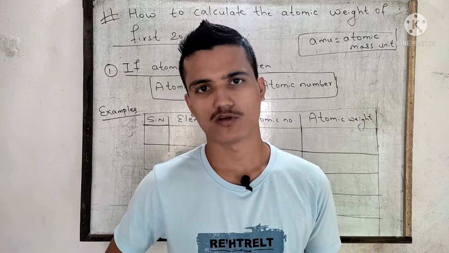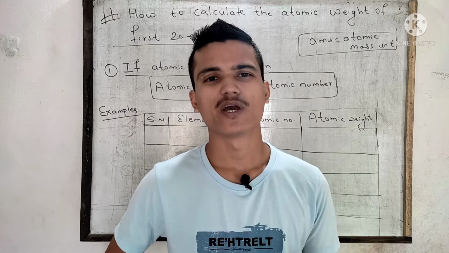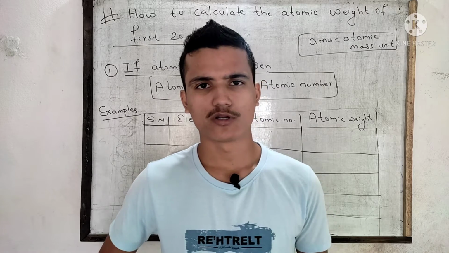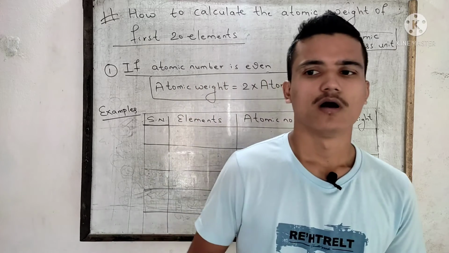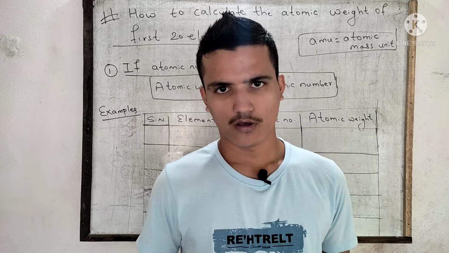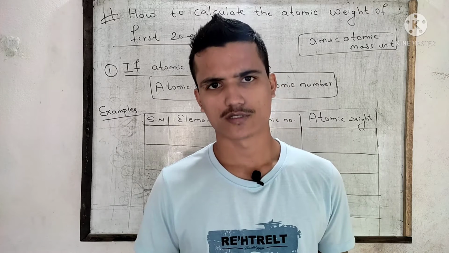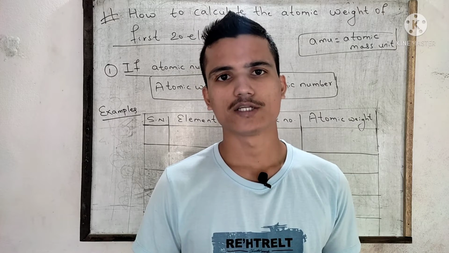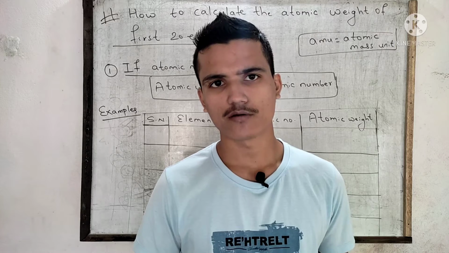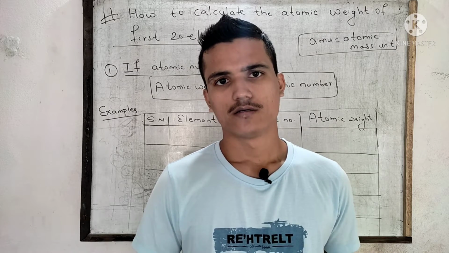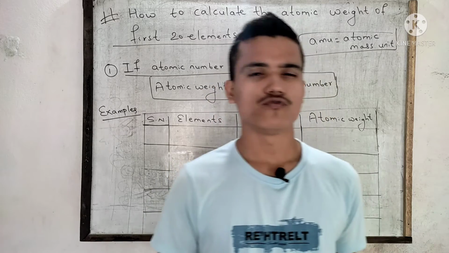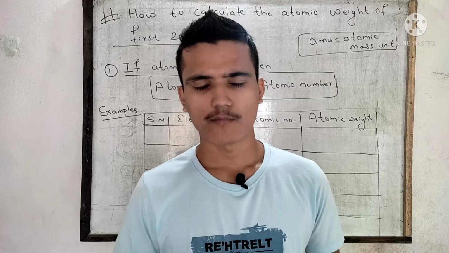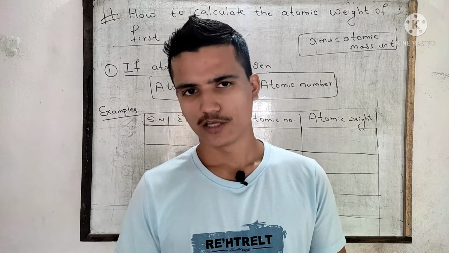Even numbers are those numbers which are paired, and similarly unpaired numbers are odd numbers. Like 1, 3, 5, 7 are unpaired, which are odd, and numbers like 2, 4, 6, 8, 10 are paired numbers, which are even numbers.